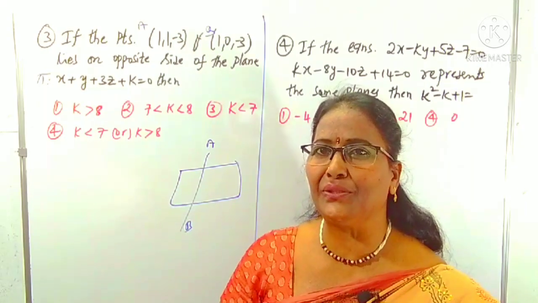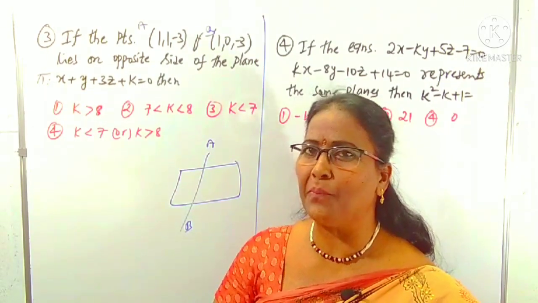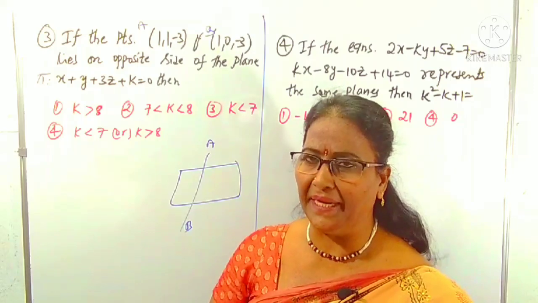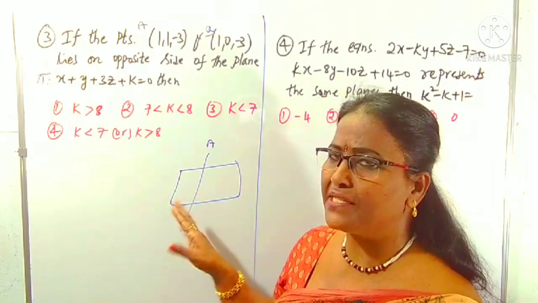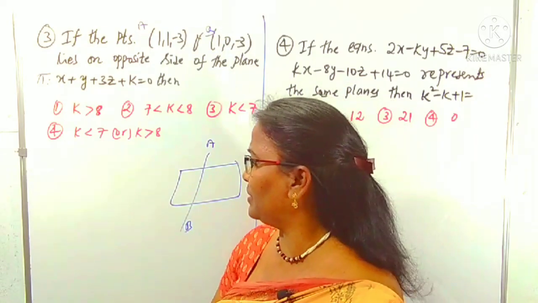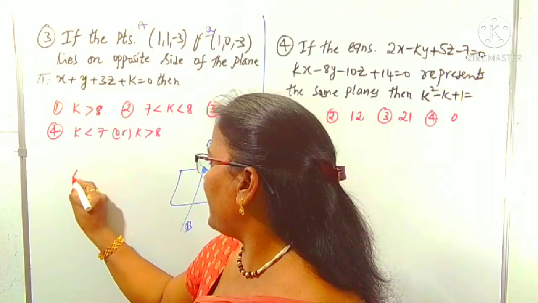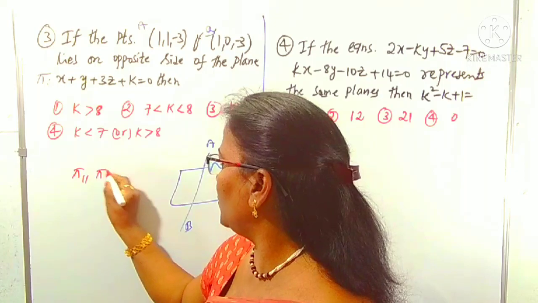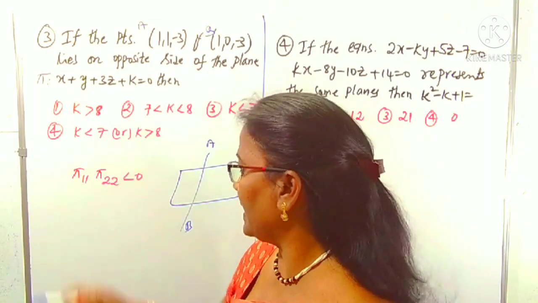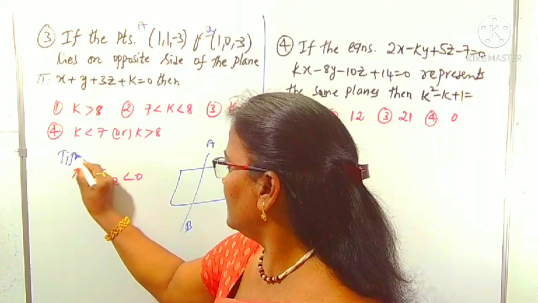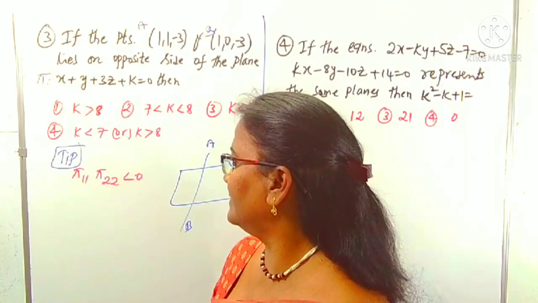Now, what is the condition when the two points are on opposite sides of the plane? Maybe the two points are on the same side of the plane. If the two points are on opposite sides of the plane, we can simply use pi 1 into pi 2 is less than 0. This is one of the super tips when the two points are on opposite sides of the plane.